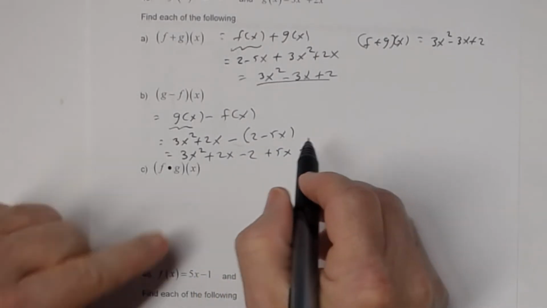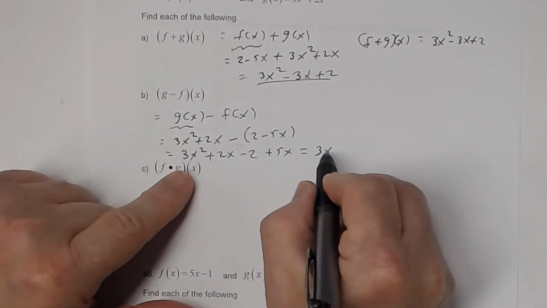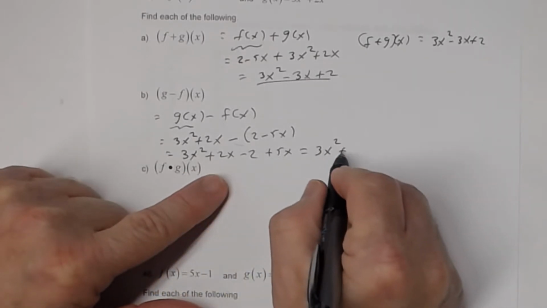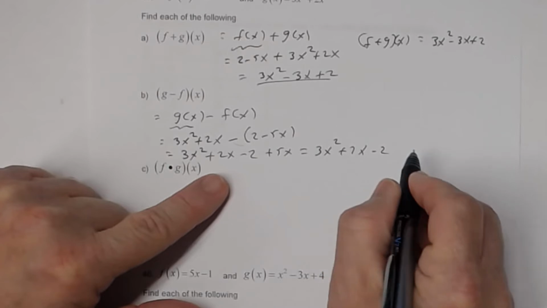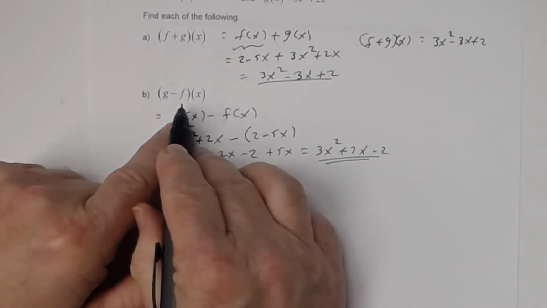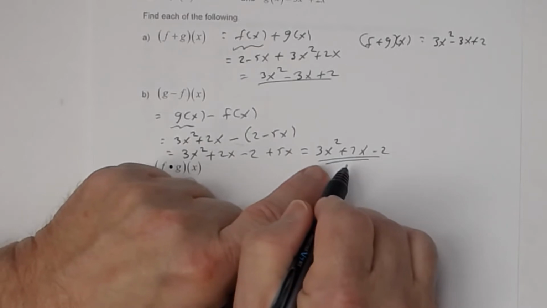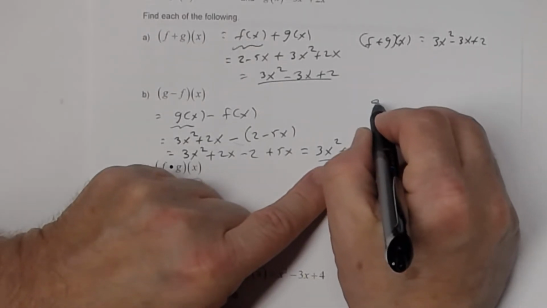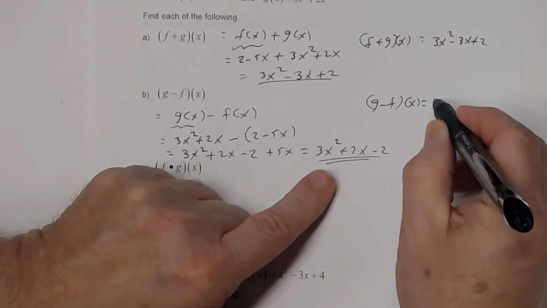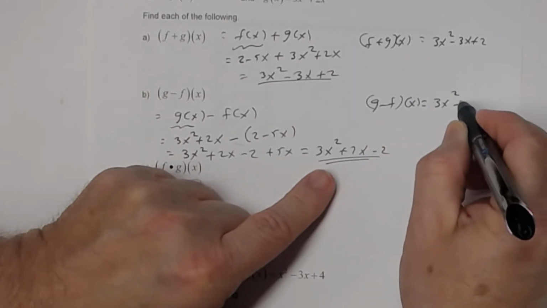Then combining like terms and putting in descending order, you get 3x squared, 2x plus 5x is 7x, and then minus 2. And that will be your answer when you subtract those two functions. So g minus f at x is equal to this new function, which is 3x squared plus 7x minus 2.